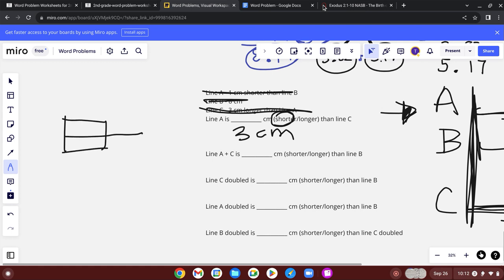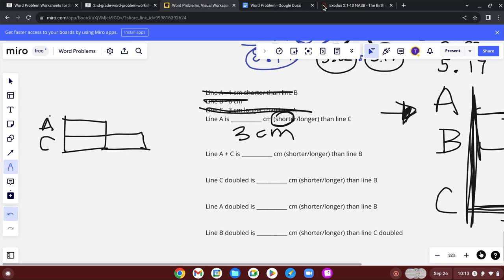We draw a tape diagram. So we are comparing which two lines? A and C. Hold on, Novus. When we circle, Mommy will let you. Right now, Mommy has to write.